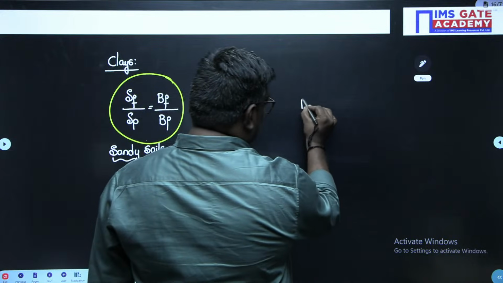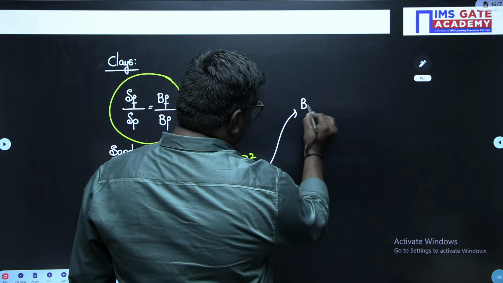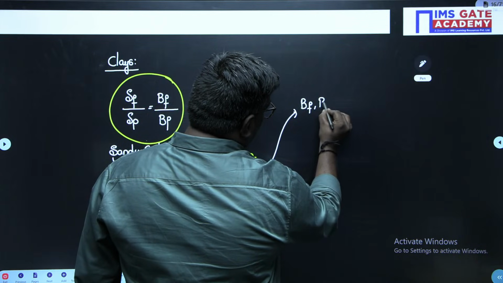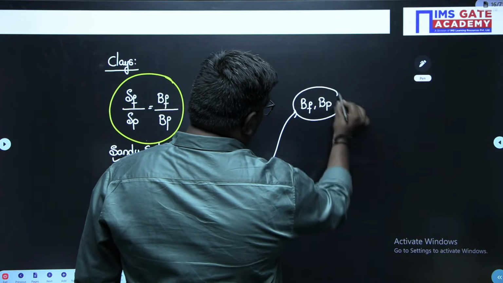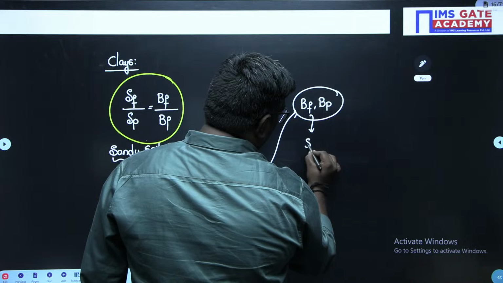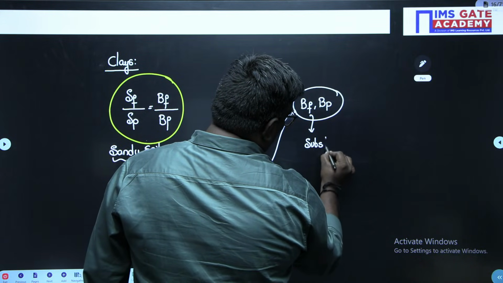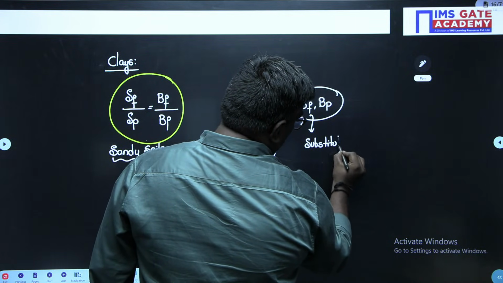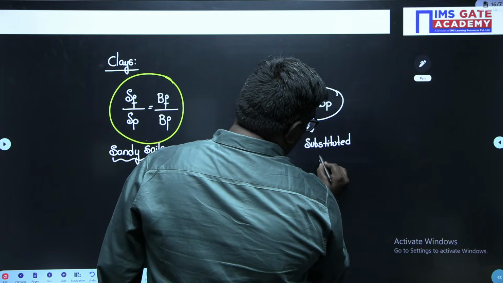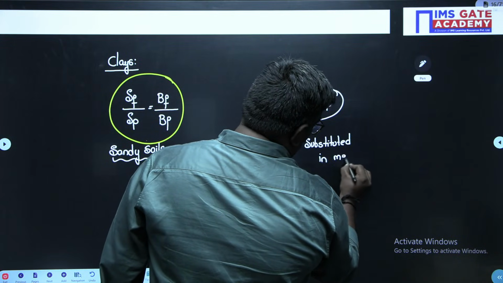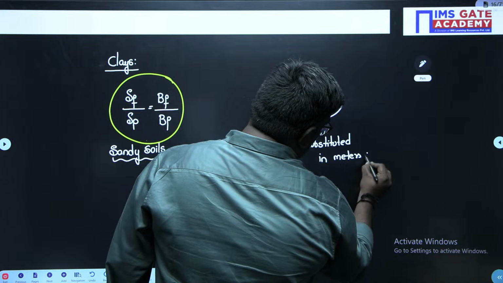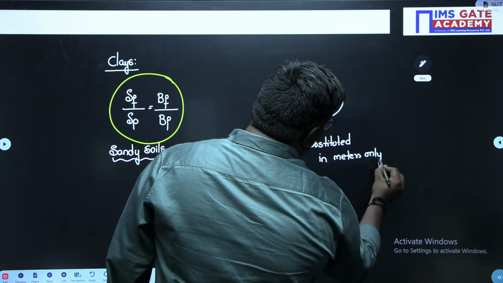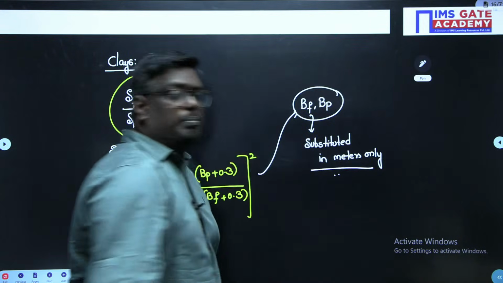But in the second case, you should understand that breadth of the foundation and breadth of the plate, both should be substituted in meters only. Okay. This could be a question from plate load test.